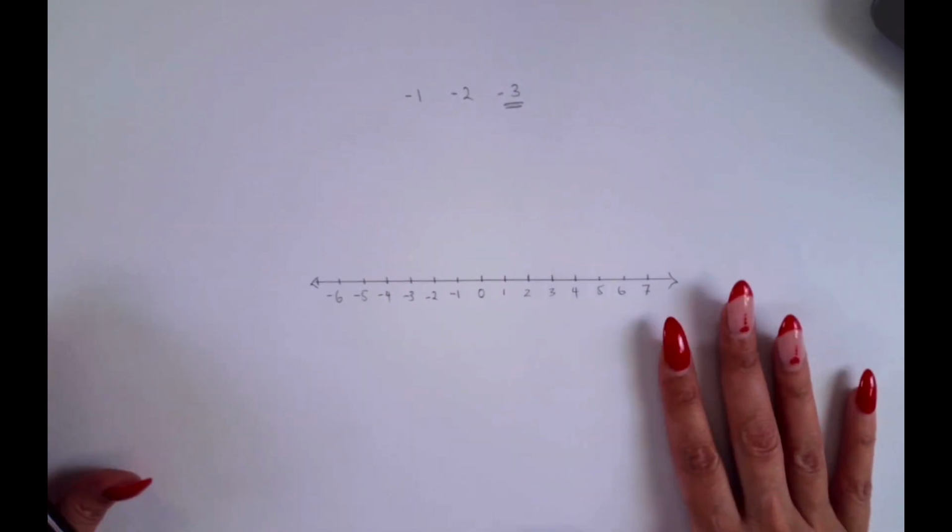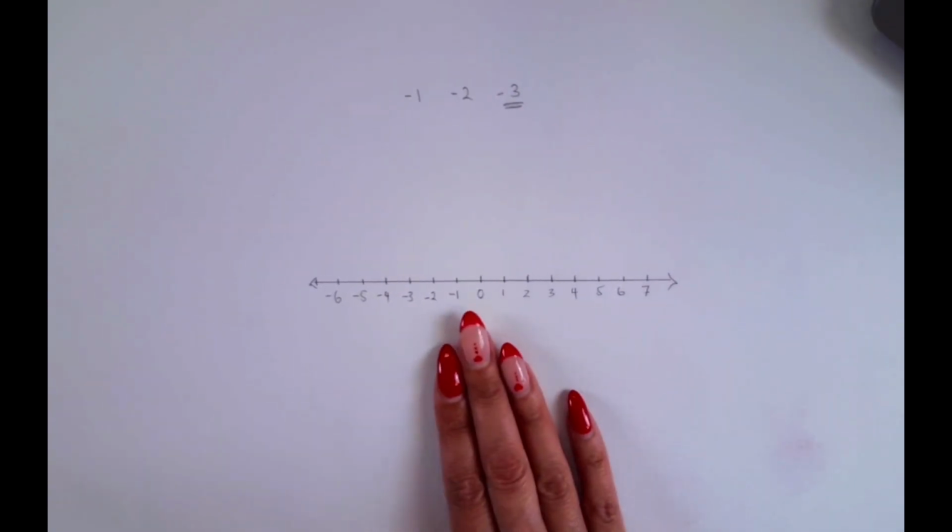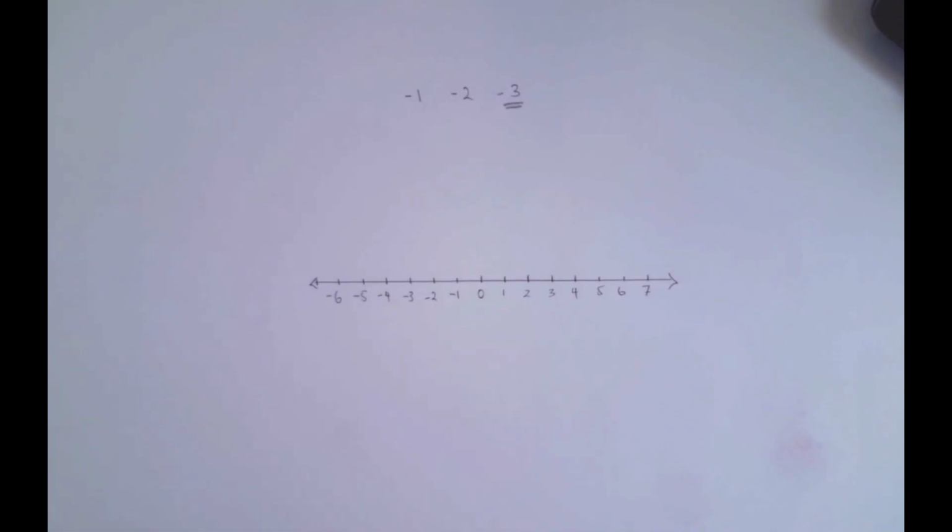The other thing you want to start doing is getting them to locate numbers on their number line. So where is 3? Where is -3? All of that sort of learning. I'm going to start off by giving them 2 numbers. The first number is going to be 5.